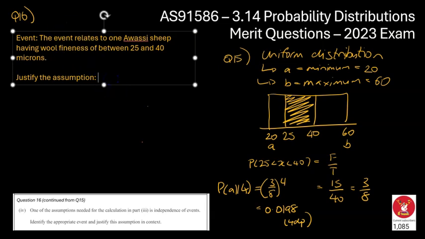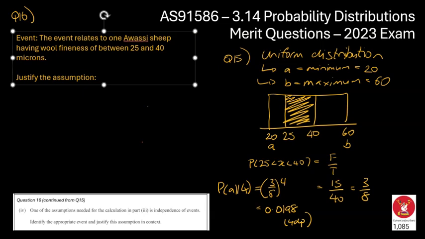So justifying that assumption: independence is what the question said the assumption was. Do we think assuming independence is a good assumption here? I'm thinking no, because more likely than not, if you've got a herd of sheep, a good portion of the sheep are going to be related to the other sheep, which probably means there's some kind of genetic element controlling or limiting the microns.